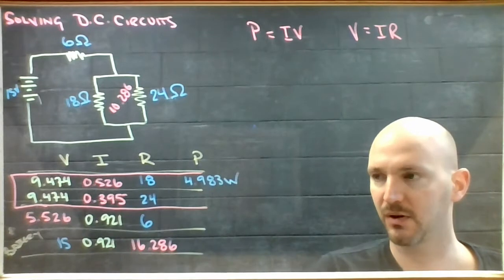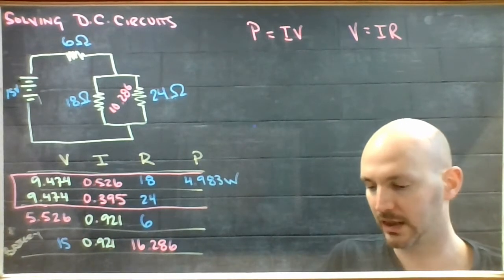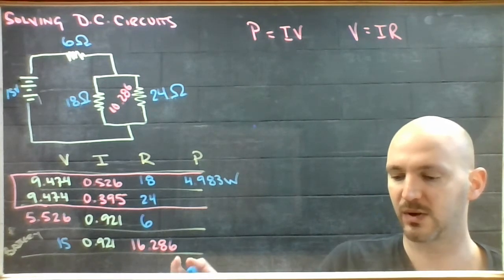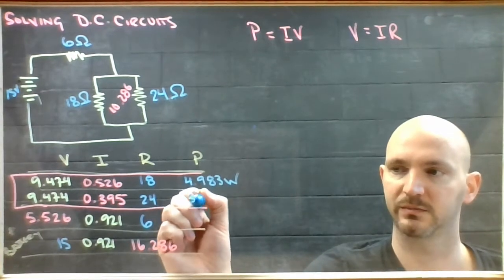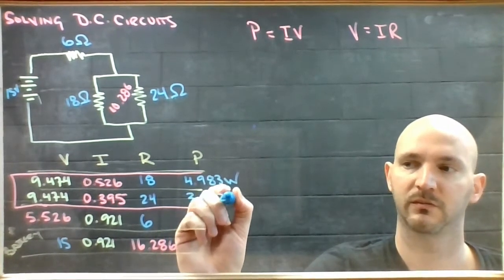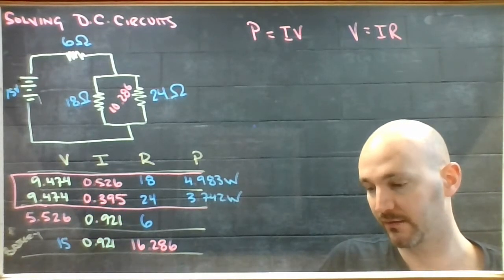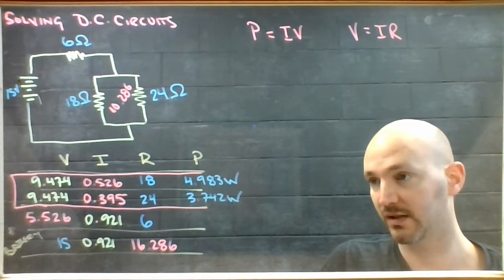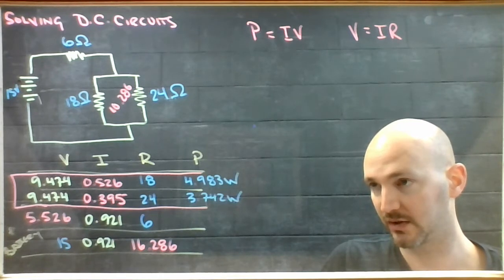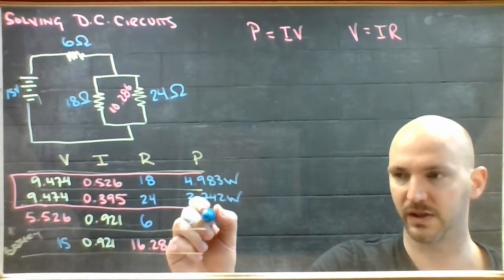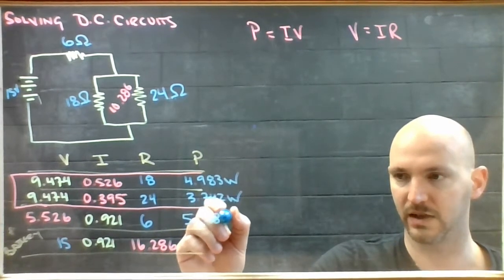And in this row, 9.474 volts multiplied by 0.395 amps is 3.742 watts. The 5.526 volts multiplied by 0.921 amps is 5.089 watts.